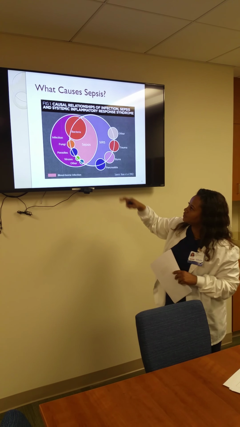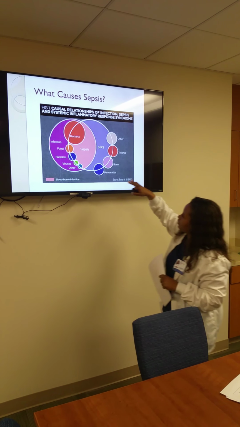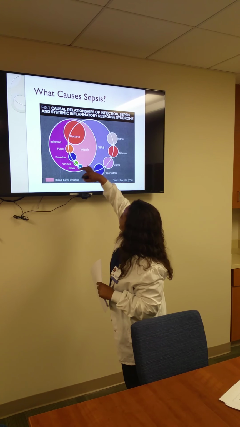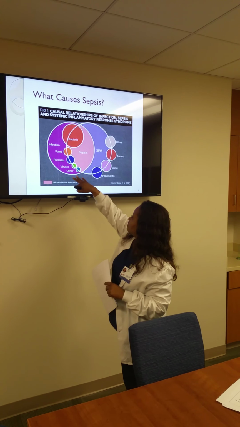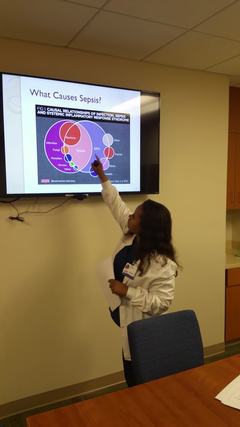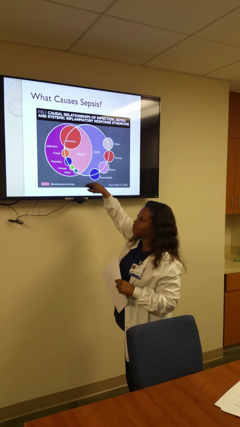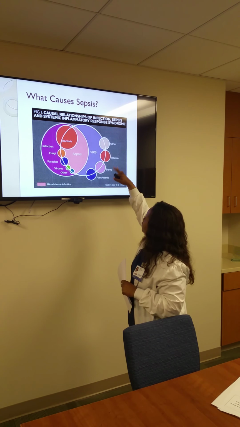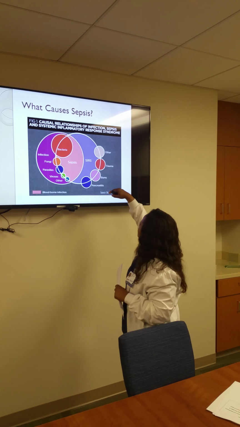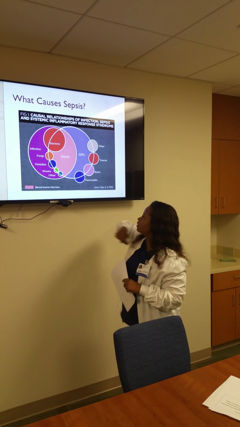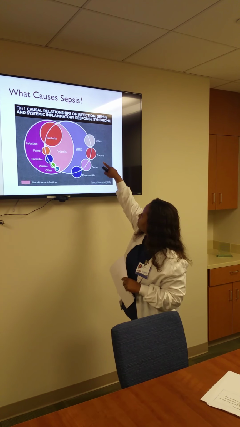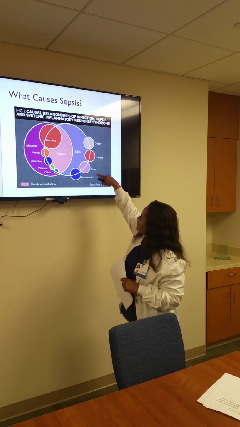So what causes sepsis? Over here, these are obviously your infections, which are caused by bacteria, fungi, parasites, viruses. Over here you have your SIRS, your systemic inflammatory response syndrome. Your SIRS can be caused by a number of things, particularly trauma, burns, and pancreatitis.